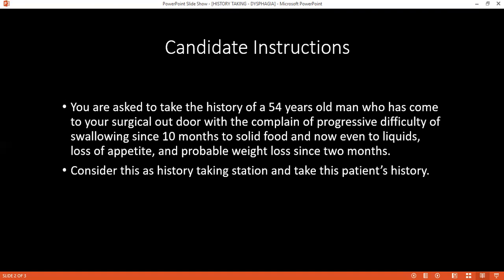Yeah, I smoke a lot, like 5 packs per day over the last 20 years. Do you drink alcohol? Yeah, actually, I'm drinking like 3 units per day over the last 20 years. How many units? 3 units.